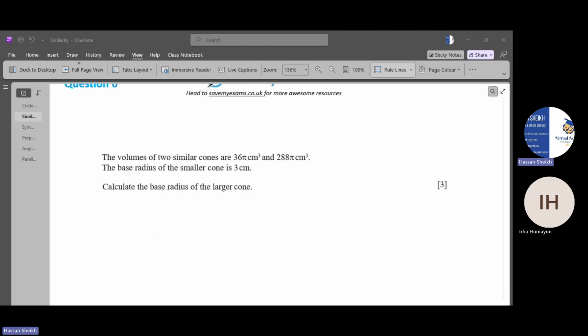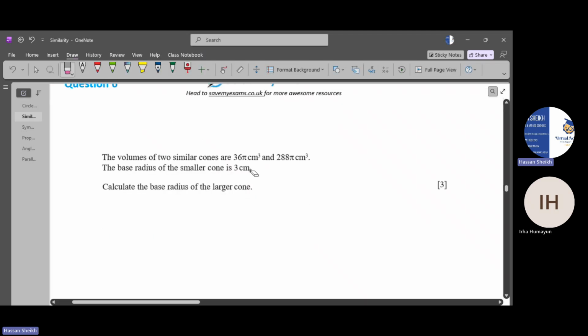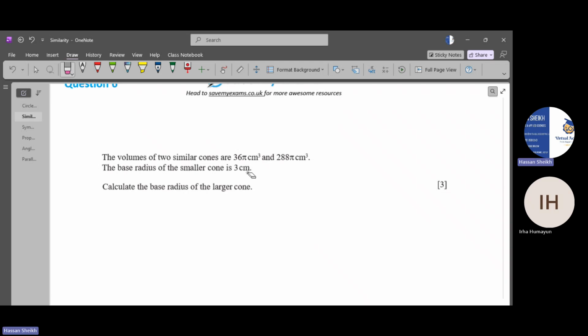The volumes of two similar cones are 36 pi centimeter cube and 288 pi centimeter cube. The radius of the smaller cone is 3 centimeter. Calculate the base radius of the larger cone. So let the base radius of the larger cone be R1 and the base radius of the smaller cone be R2.